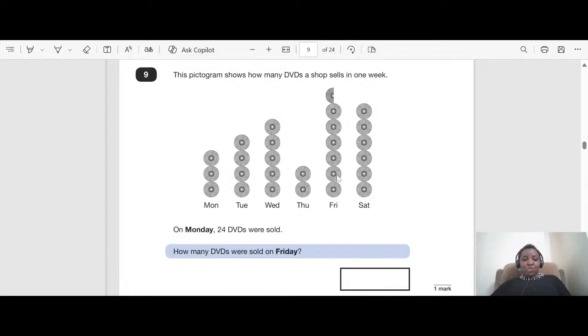Now let's go on to Friday. We have 1, 2, 3, 4, 5, 6, 6.5. So we multiply 6.5 by 8 to get the total number that was sold on Friday. So that gives me 52. If you got 52, then that's the correct answer.